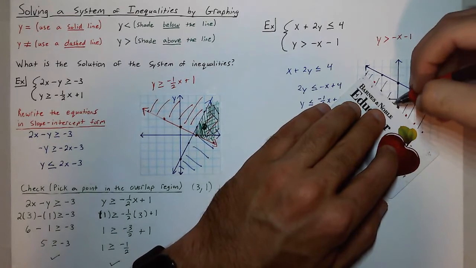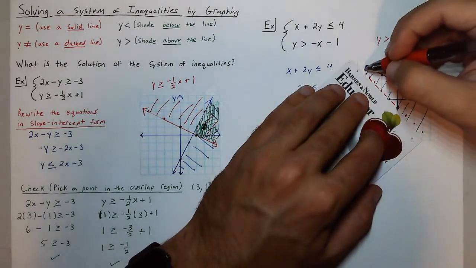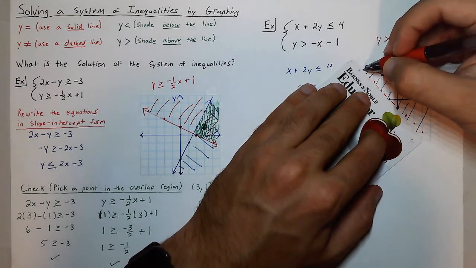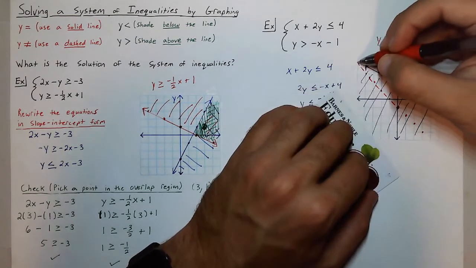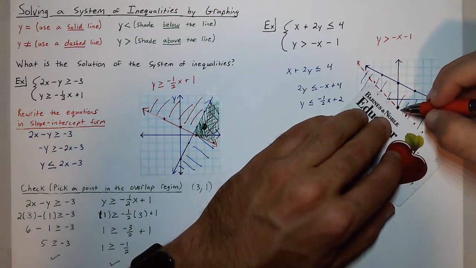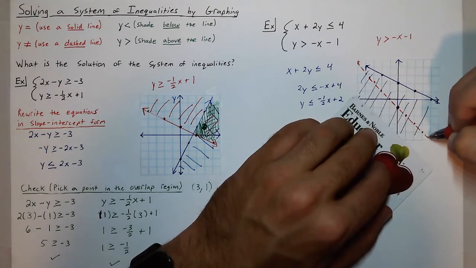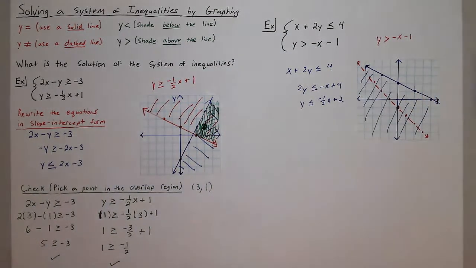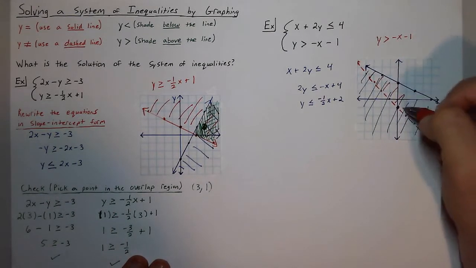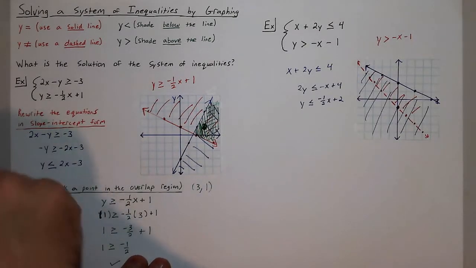So this will be a dashed line. It looks like it goes on and intersects up here somewhere. And now this is greater than, so I'll shade everything above. So it looks like all of my solutions exist in between the two lines where the shaded regions intersect.